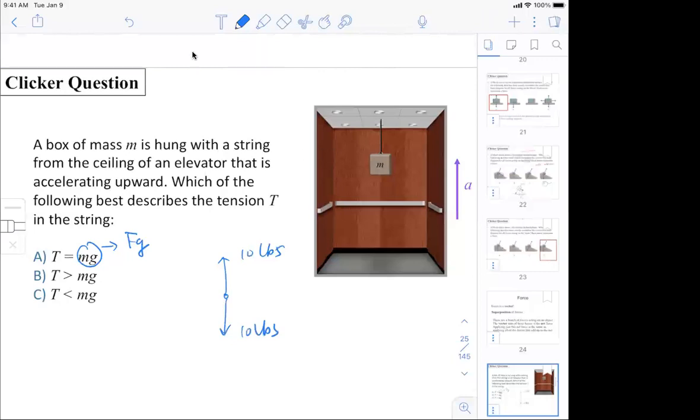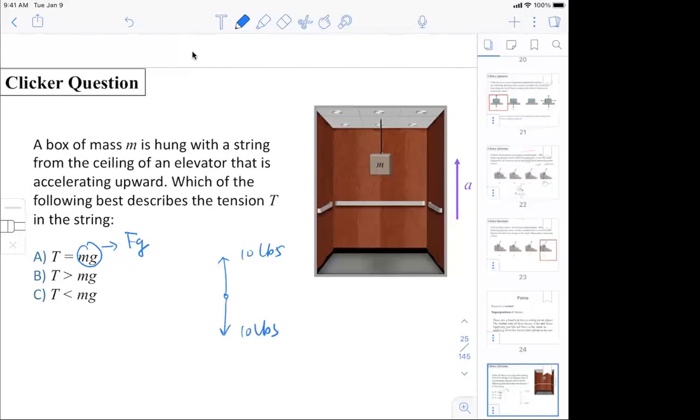So if that's 0, then you will not be speeding up or slowing down. You will not have any acceleration. In this case, if it is accelerating upward, the force upward has to be bigger than the force downward. Here, we are really just looking for a qualitative analysis.